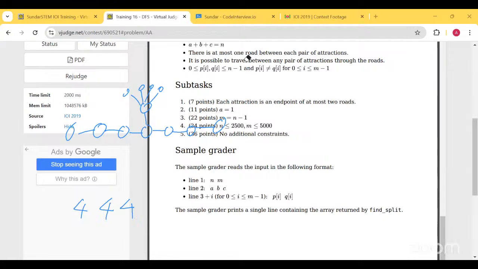Right. How about the rerouting? Isn't that a good idea?